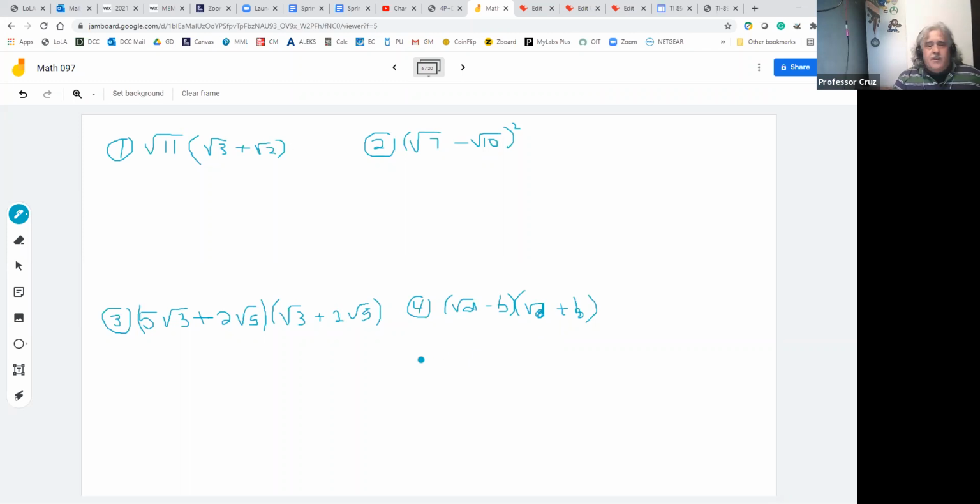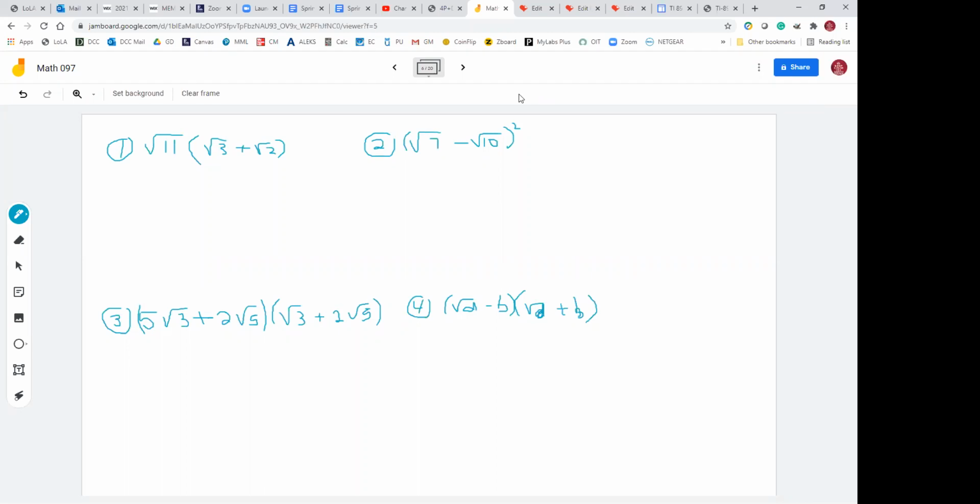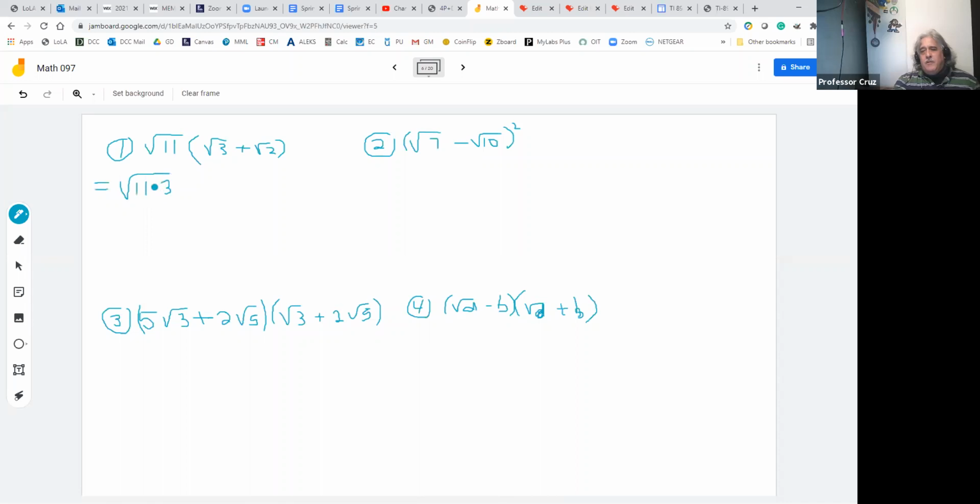All right, what happens on that first one? Okay, I multiplied them, so it ends up being square root of 33 plus square root of 22. I haven't broken them down though. Well, let's see if we can break them down.